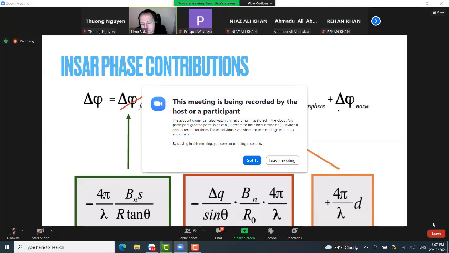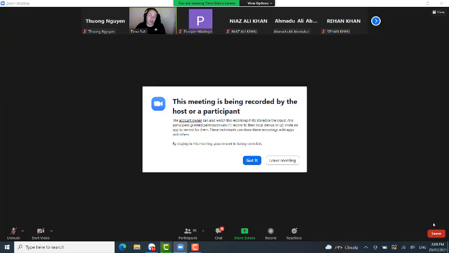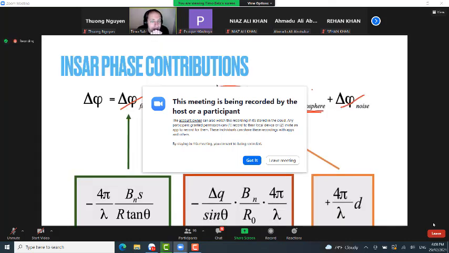There's always some thermal noise, but we will have less noise. However, you are interested in displacement, but you did not get rid of the atmosphere yet. That's still there. So you have not totally solved all your problems.